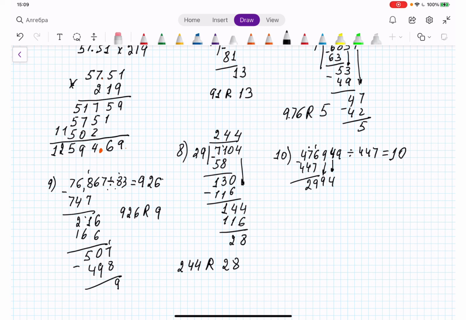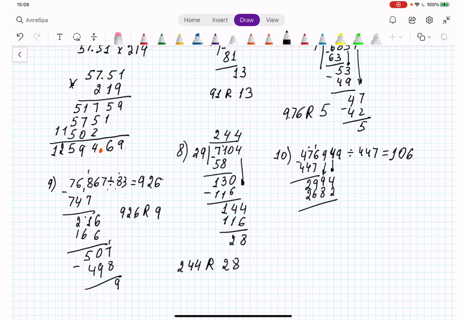Instead of 7, I'm taking 6 times. 6 times 7, 42. 6 times 4, 24, and 4, 28. 2 in mind. 6 times 4, 24, and 2, 26. Let's see if we get more or less remainder so we can figure out right or wrong.